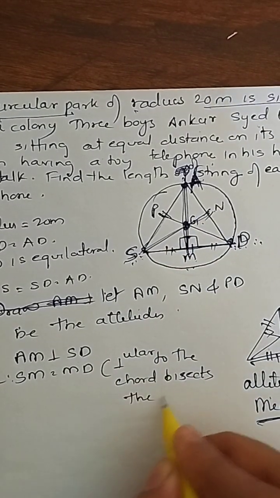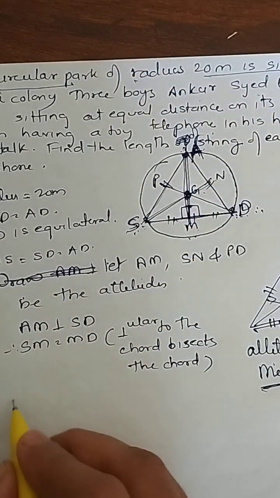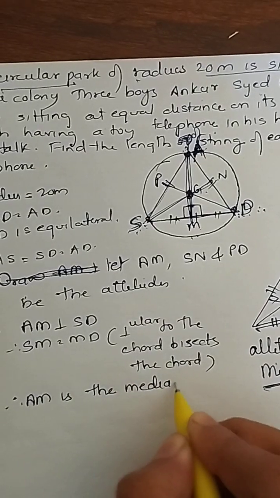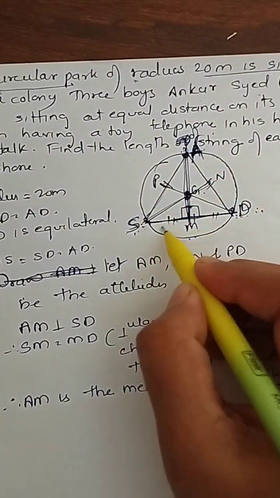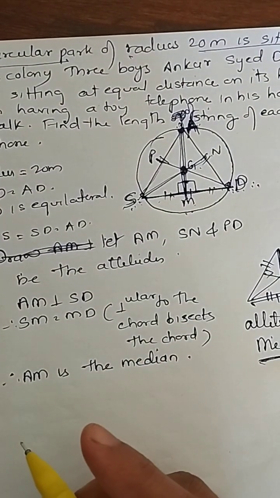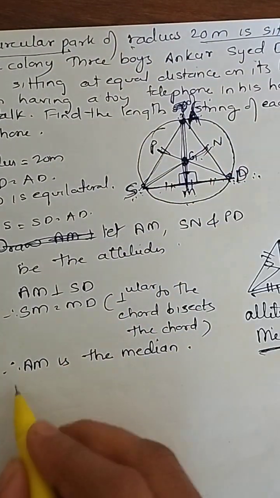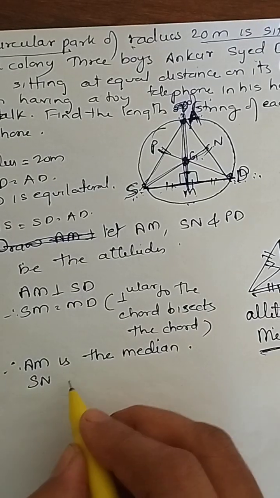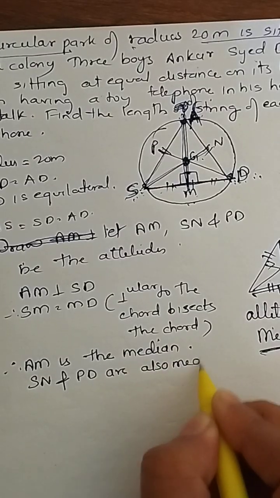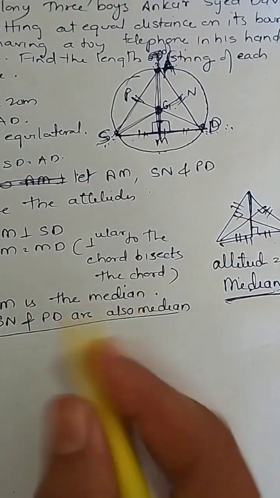So when it bisects the chord, AM is the median. You have studied medians and altitudes in the 8th standard. So AM is the median. Similarly, SN and PD are also medians. This is just for your knowledge. I have written this; if you write it, it will be more clear, no problem.